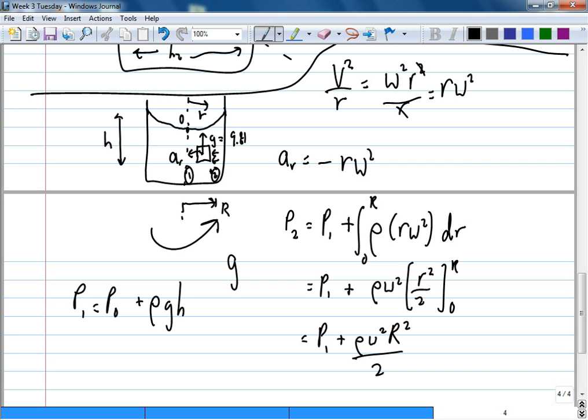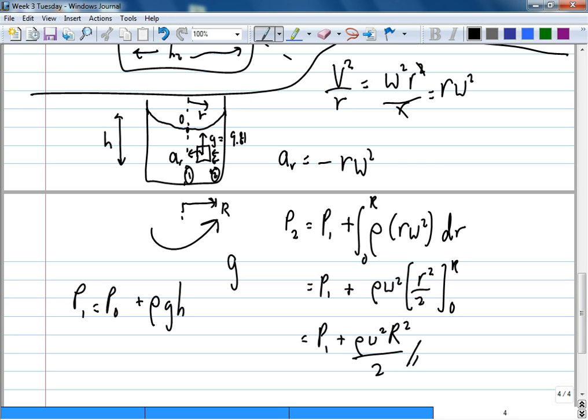Only if you're going in and out does your pressure change according to this formula. The pressure is always bigger on the outside because the fluid is accelerating inwards. When you're rotating, you're accelerating inwards, so the pressure has to be higher on the outside to push you inwards. Does that make sense?